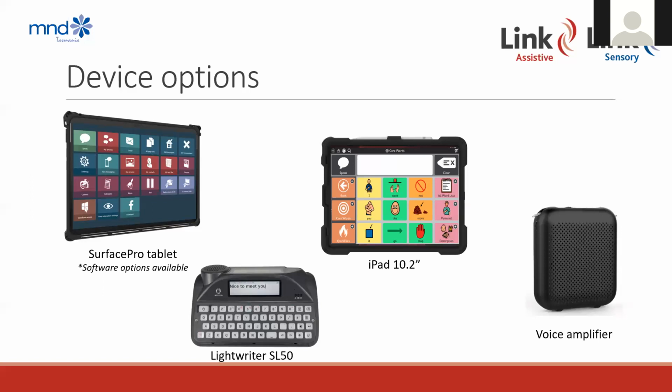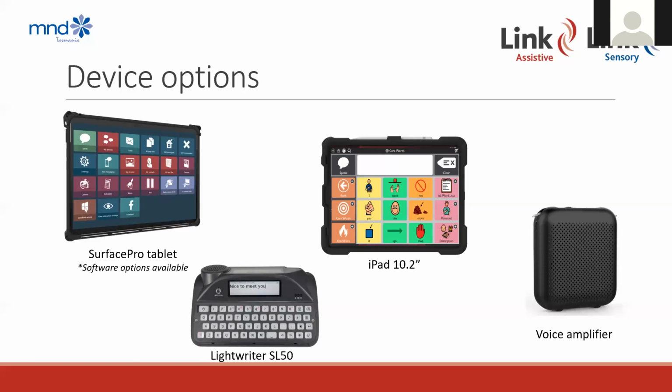Another option that's available is the Lightwriter. That's not actually a product that Link Assistive supplies, so my knowledge of this product is lower, but basically it's a keyboard. Somebody who is able to type on a keyboard would be able to type their message, and it would speak that out.